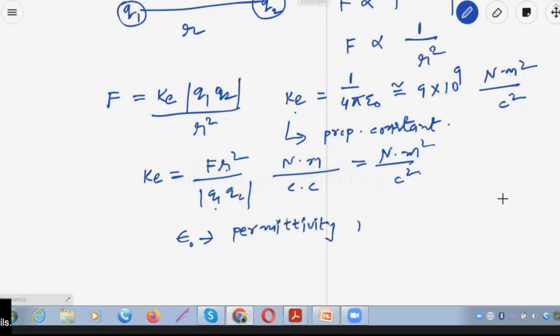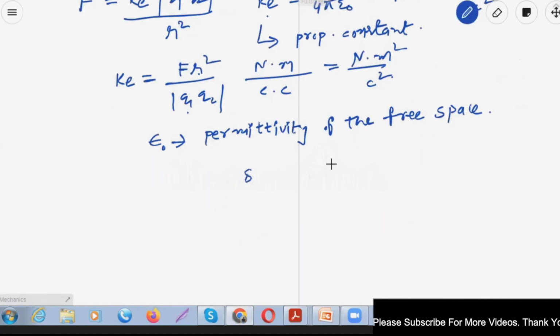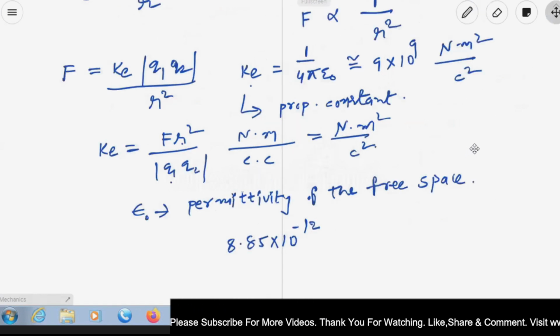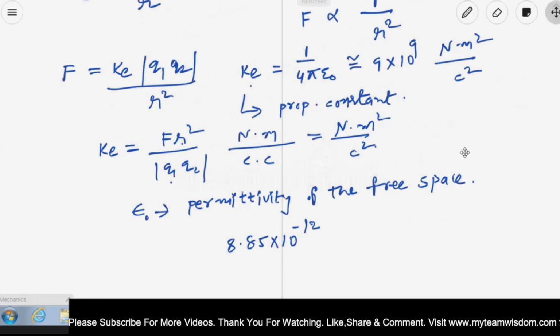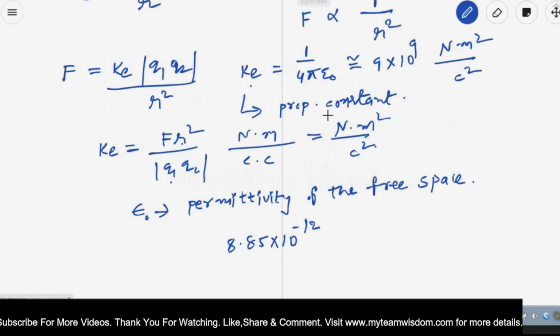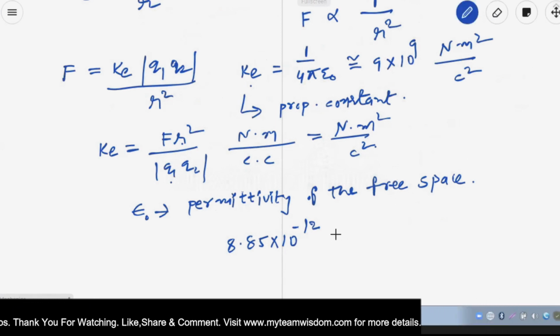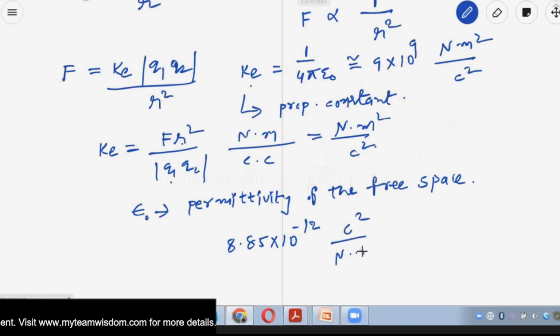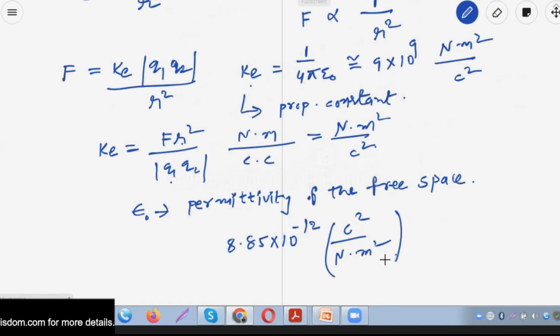Value is 8.85 times 10 power minus 12. That is the permittivity value. Then you can write the unit of permittivity. What is that unit? That is Coulomb squared per Newton meter squared, right? Coulomb squared per Newton meter squared.